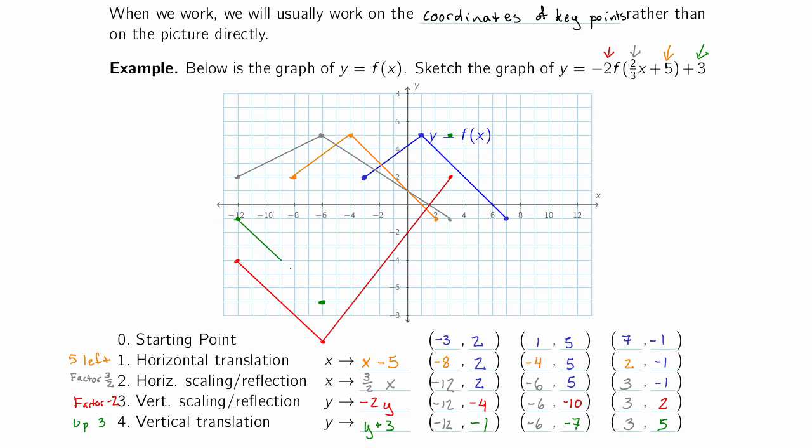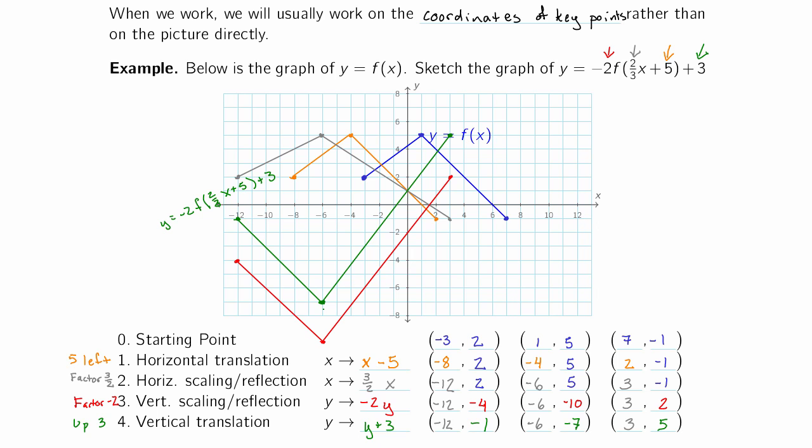We connect those with straight lines, and that's our final graph. This is our graph of y equals -2 f of 2/3 x plus 5, plus 3.